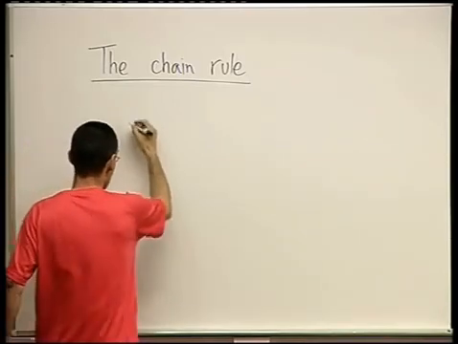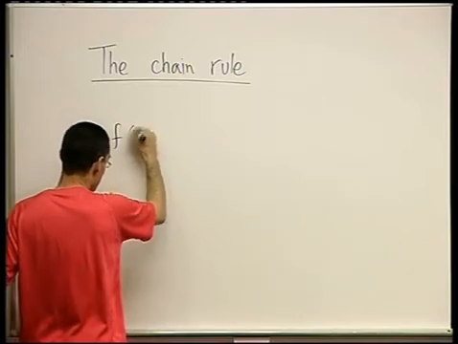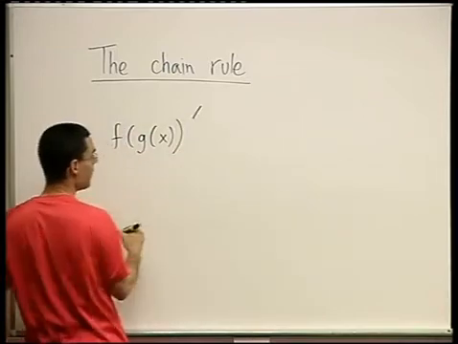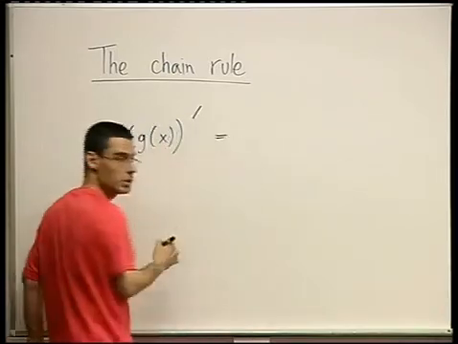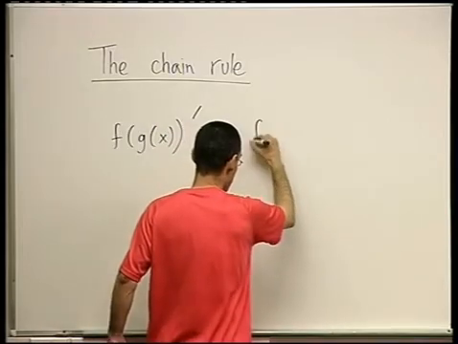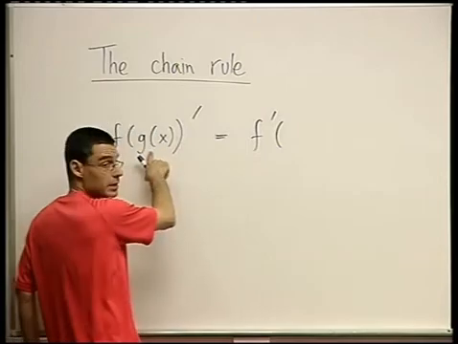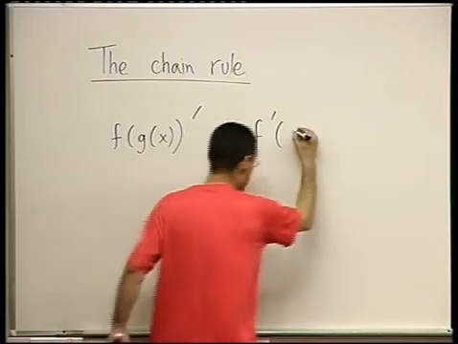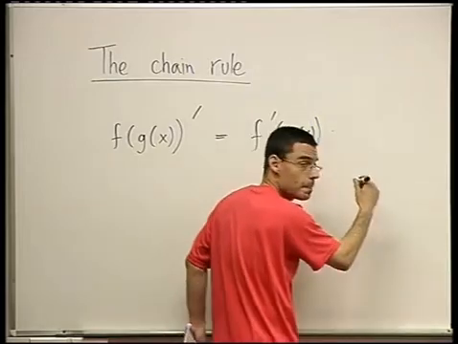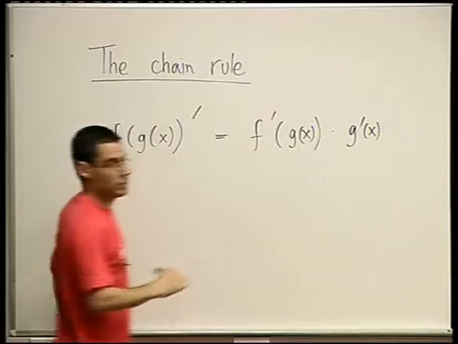In single variable calculus, the derivative of f of g of x was, who can tell me? Right, take the derivative of f evaluated at g of x, great, and then multiply it by g prime of x, which we called the inner derivative.